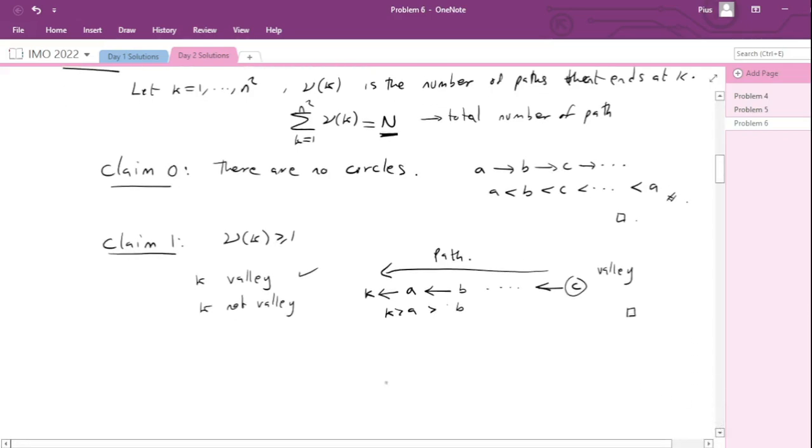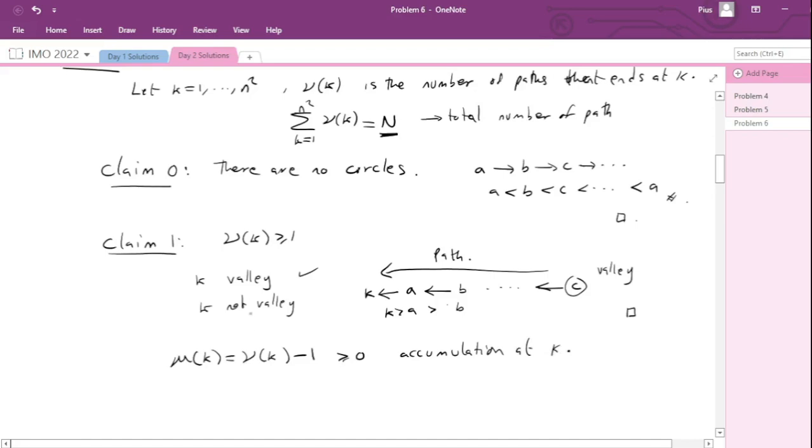Based on this, we can now define this, which I'll call accumulation. This will be the main focus, which is going to be at least 0. So I'll call this the accumulation at k.